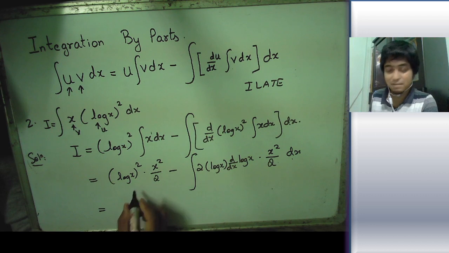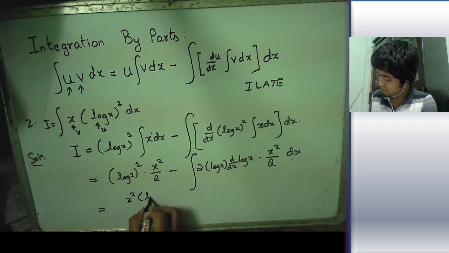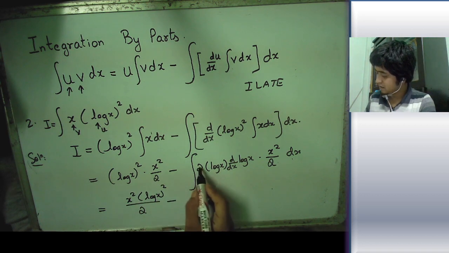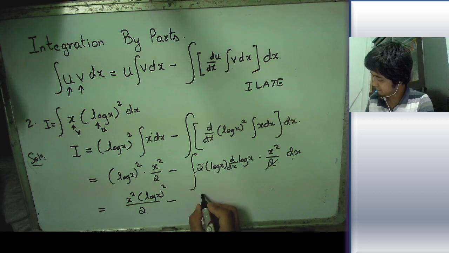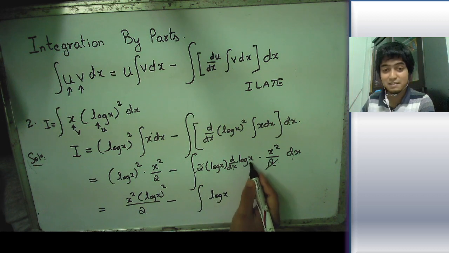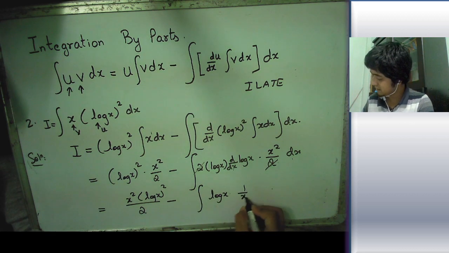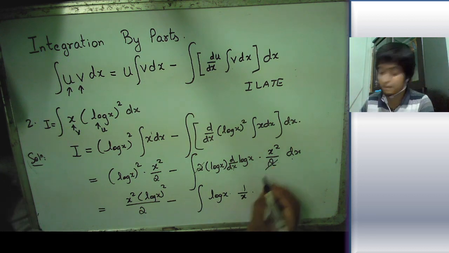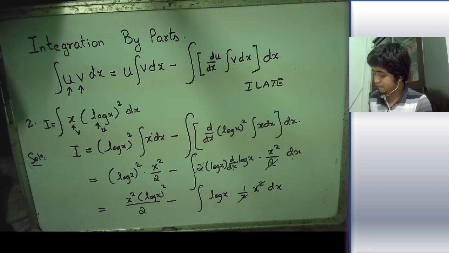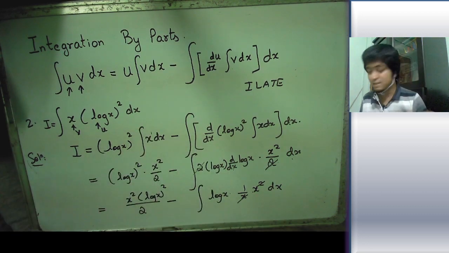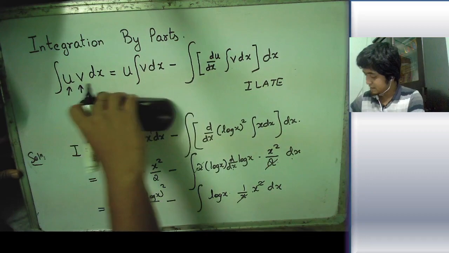So this one you can simply write down as x squared (log x) whole thing squared upon 2 minus, this 2 and this 2 will get cancelled. So you will be having, over here, an integral sign log x, and this d/dx of log x will give you 1 by x, and over here you will be having x squared dx, so you can cancel them. Okay, what I will do next, okay, I don't need this line anymore.